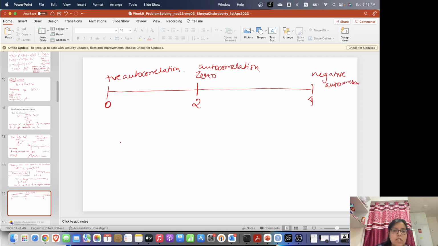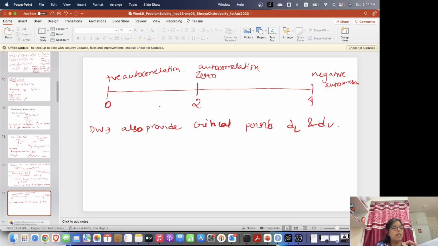Now Durbin-Watson also provide critical points d_L and d_U, and based on those we could also take some decision on what to reject and what to accept. So in a nutshell, we should keep this figure in mind.